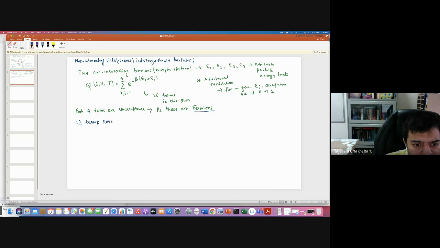Seems acceptable, isn't it? Can anyone tell me what these 12 terms are? Let us write down some of the terms first. Of course, one possibility is epsilon 1 and epsilon 2: two electrons, one in epsilon 1, the other in epsilon 2.